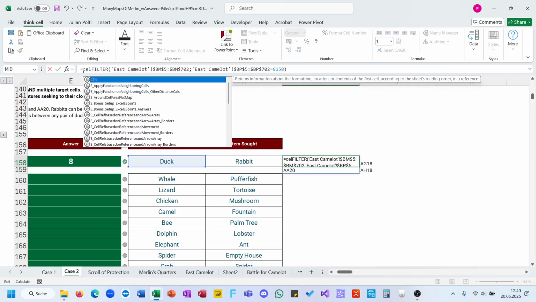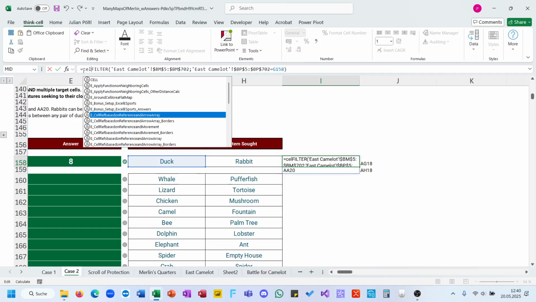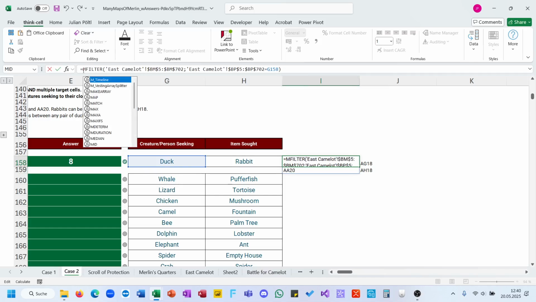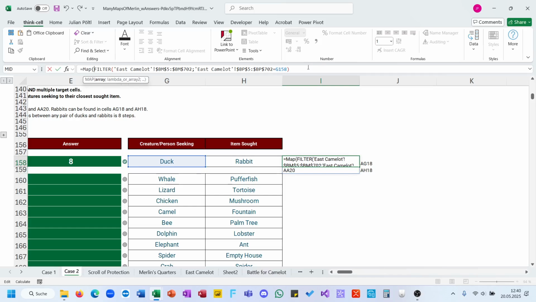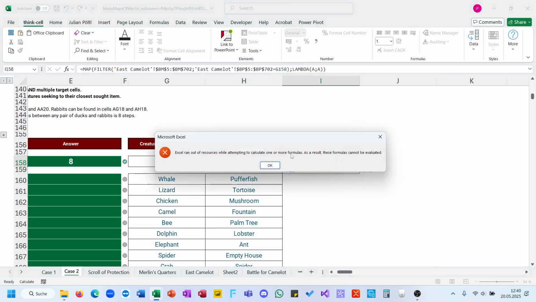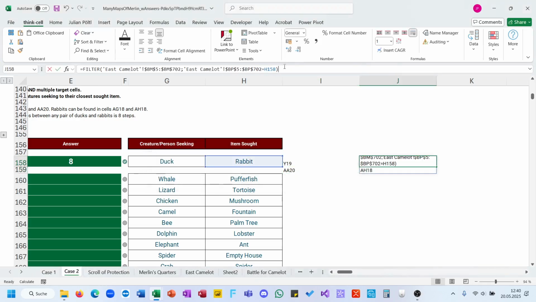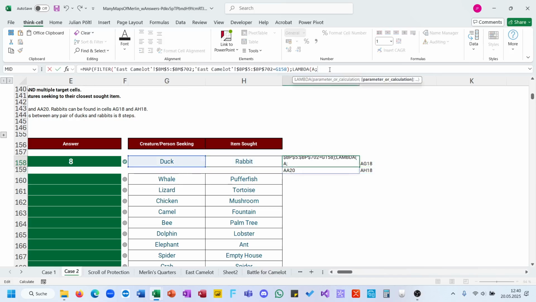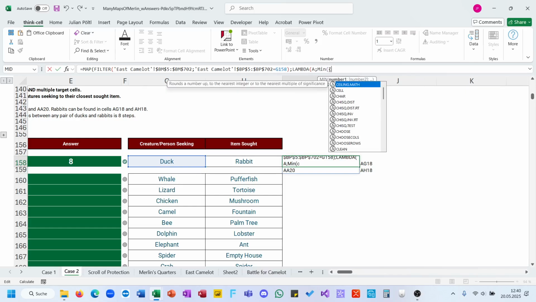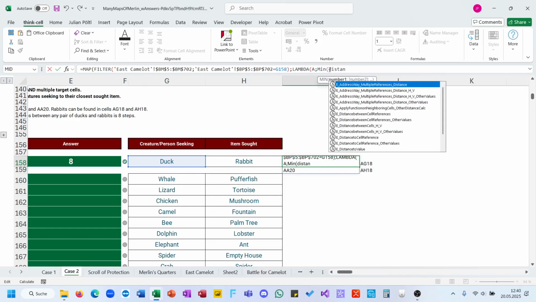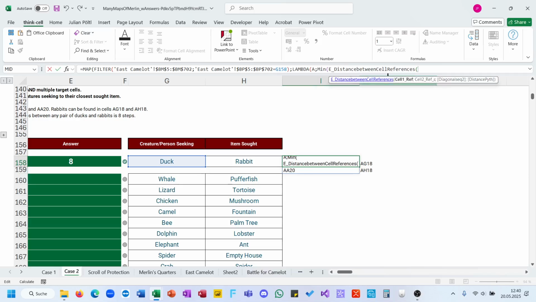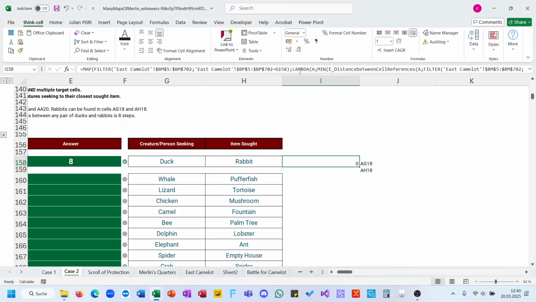So okay, cell, no map, this as lambda a. This is so annoying. Min of distance between cell references a and this filter stuff here. 0?